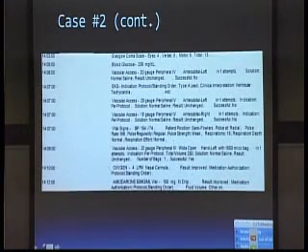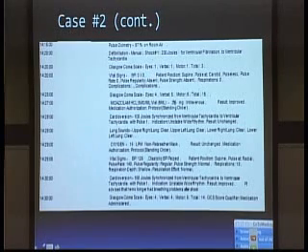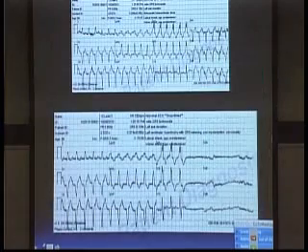So the crew gave him amiodarone, 150 milligrams, and then he lost vital signs. He was given Versed and synchronized cardioversion. Did not respond to that. Another synchronized cardioversion at 150 joules. Still did not respond to that.